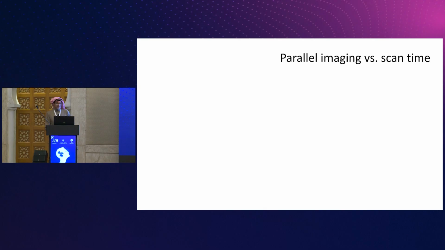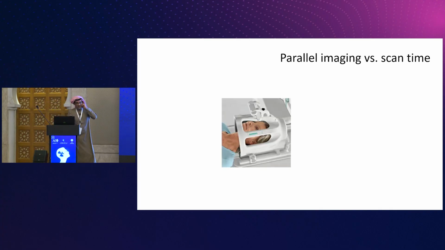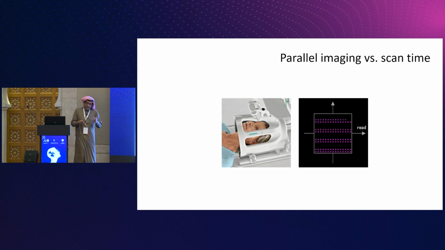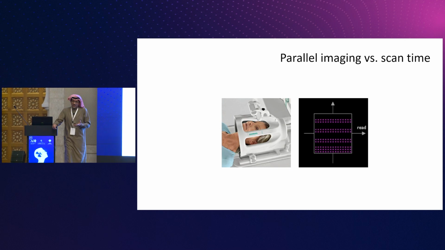Parallel imaging. You know what's parallel imaging? Usually we have this coil, and we have the k-space filled this way. So we have one coil, and we get a signal, and we will fill k-space with this signal.